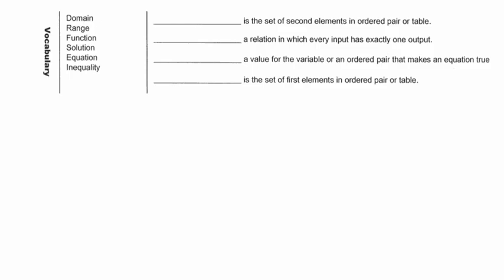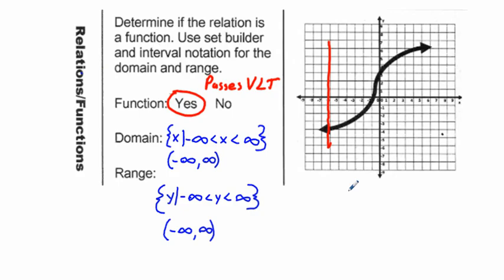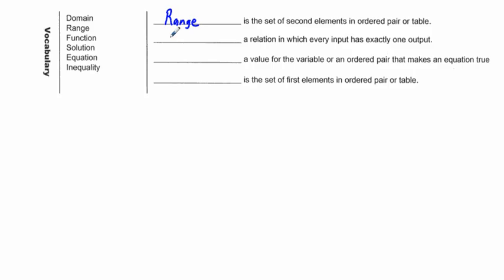Let's go on to this vocabulary one. Blank is a set of second elements in an ordered pair or table. Well, in an ordered pair, the second element is the y value, so that's going to be the range. Blank, a relation in which every input has exactly one output. Well, that's what we were looking at here. It is called a function.